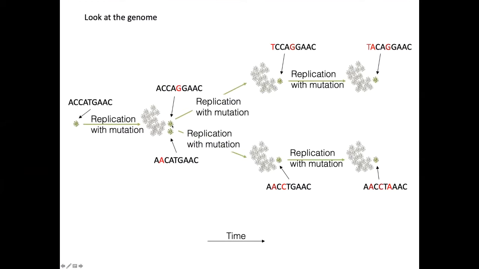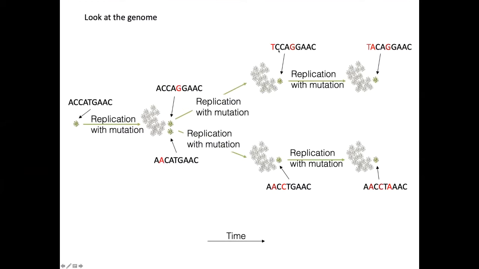Then if I look at these viruses, which I follow my lineage, then they've acquired one mutation. So here the 5th position has changed from a T to a G, and here in the virus at the bottom, the 2nd position has changed from a C to an A.